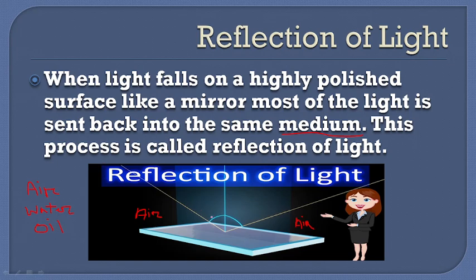The surrounding atmosphere present around the mirror is known as the medium. This process by which light falls on a polished surface and is reflected back into the same medium is known as the reflection of light. Now we are clear what reflection is.